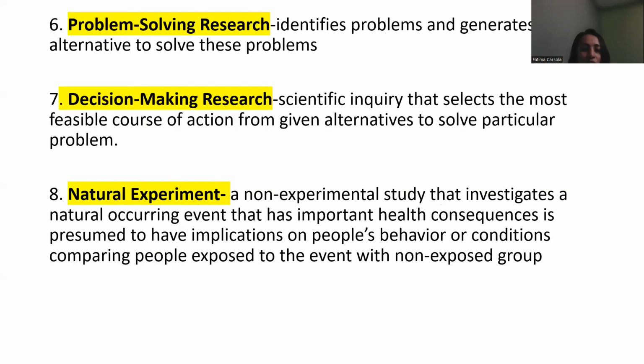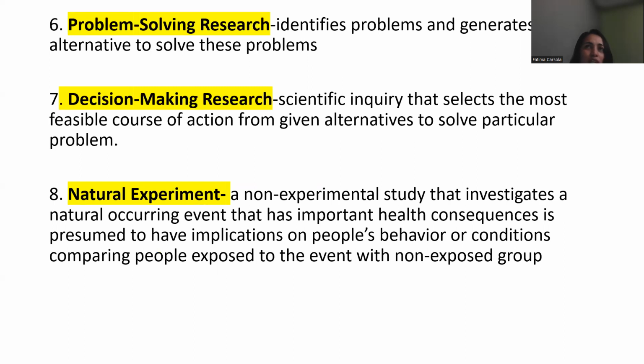So for this lesson, okay, another is problem solving research. Okay. When you say, from the word itself, you are solving a problem. You are using this research to solve a problem, to understand the problem, or to find solutions to a problem. When you say decision making research, it is a scientific inquiry that selects the most feasible course of action from given alternatives to solve a particular problem.